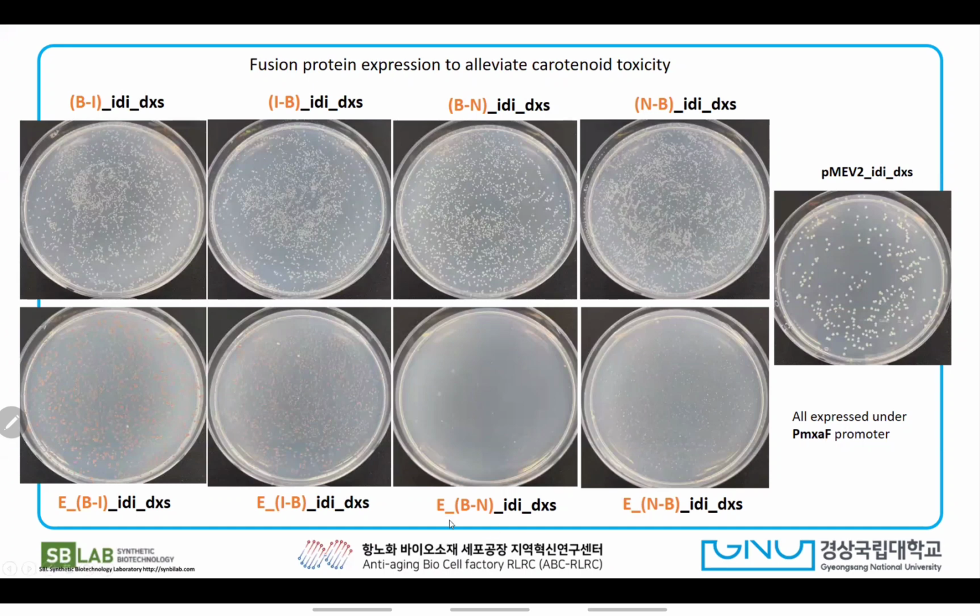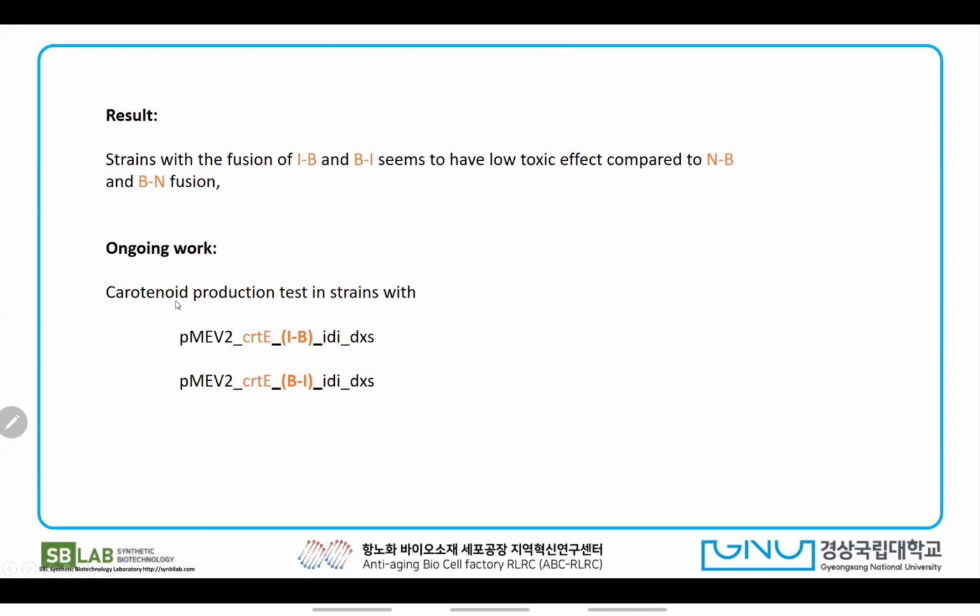So we assume that there is still some problem with the BN and NB fusions, and the toxicity is still prevalent. But in the case of BI and IB, we believe we have alleviated the toxicity problem. So right now we are trying to do the production test in these two constructs, that is MEV2 with CRTE, IB, IDI-DXS, and EBI, IDI-DXS.